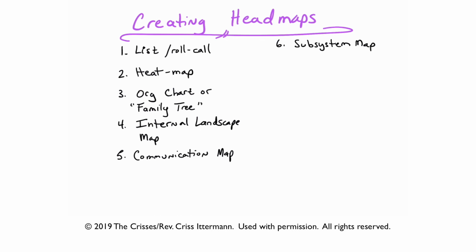It's kind of like if your subsystems come in as towns, it would be like having a map with roads between the towns. So which towns connect to each other?